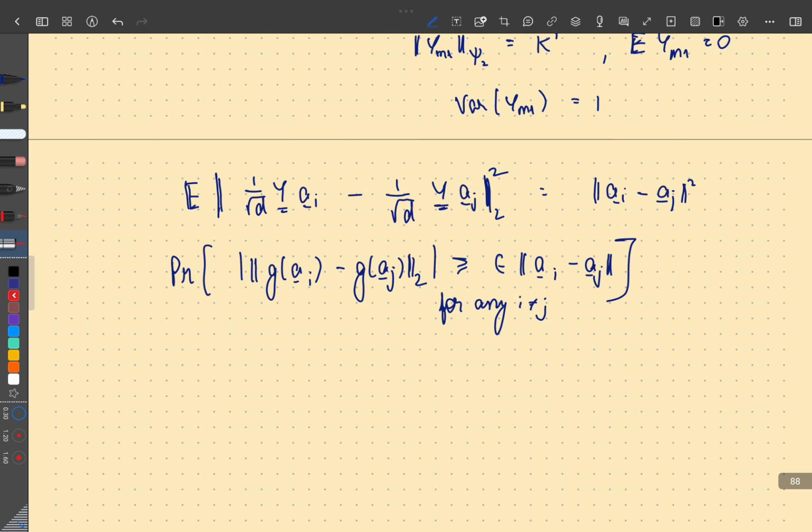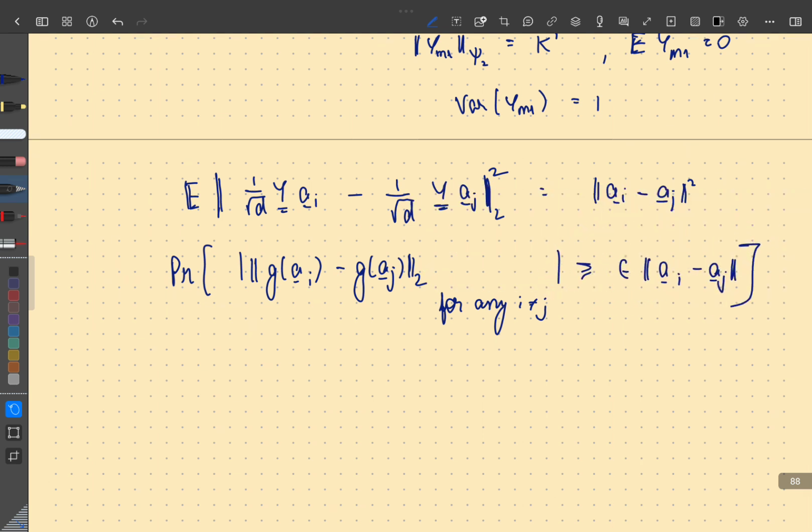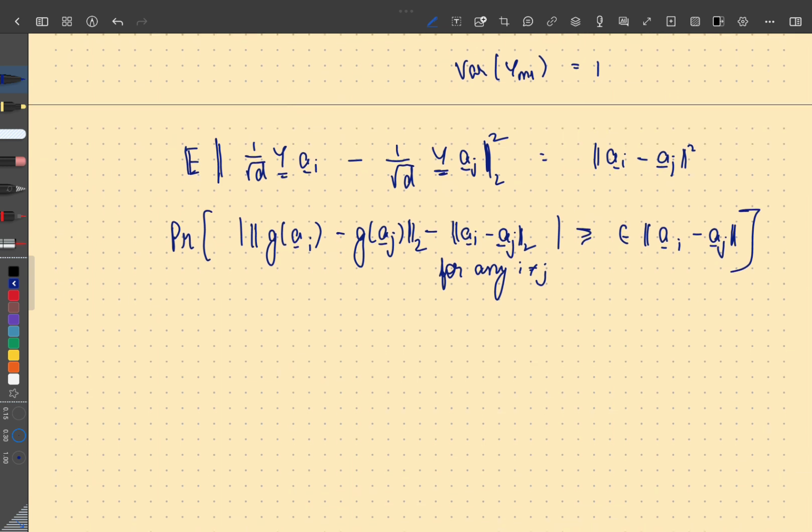Let me, sorry, I made a mistake over here. The norm of ai minus aj should be greater than or equal to this particular quantity. Okay, so this is the quantity that we're interested in.